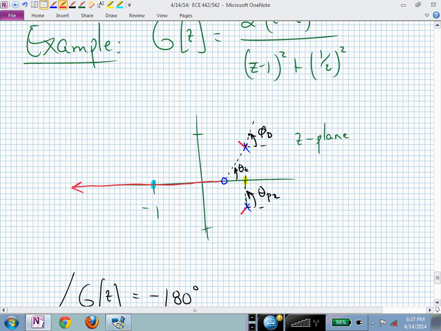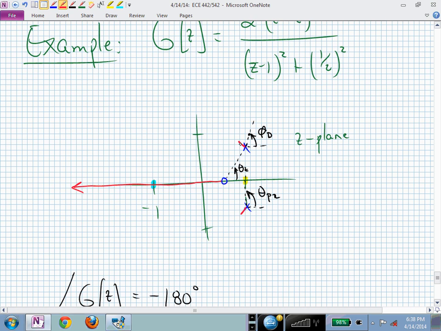One's going to have to end on the finite zero. The other one's going to march off to that infinite zero. We have two branches on that red shaded real line that's drawn there. And I just said in this case, with two poles and a zero, we could get our compass out and sketch the circle. That circle now has a radius of the square root of 2 times 1/2, or the square root of 2 over 2, or 0.707. You could set your compass to 0.707 and sketch that.